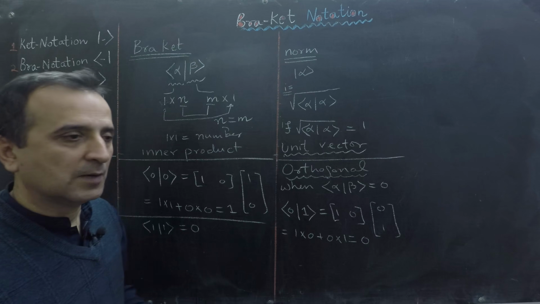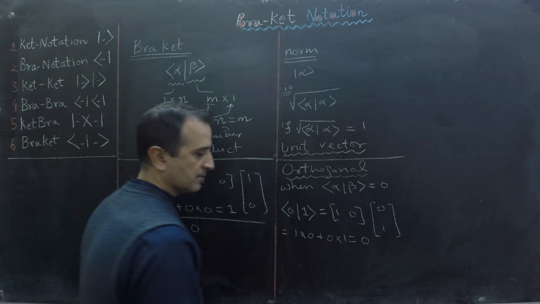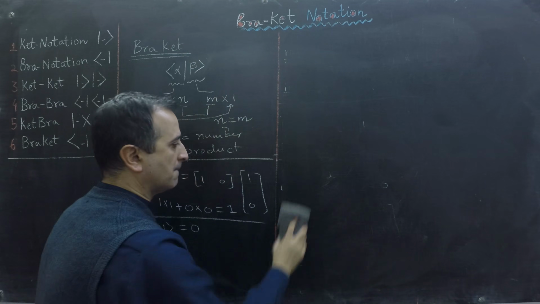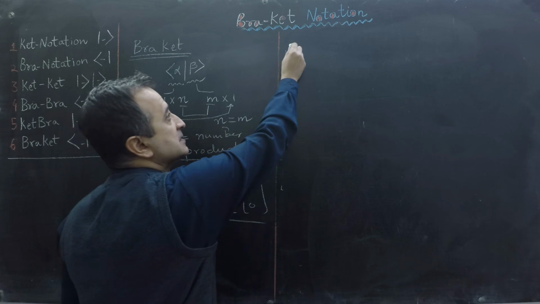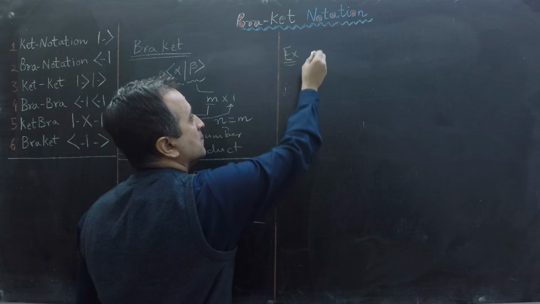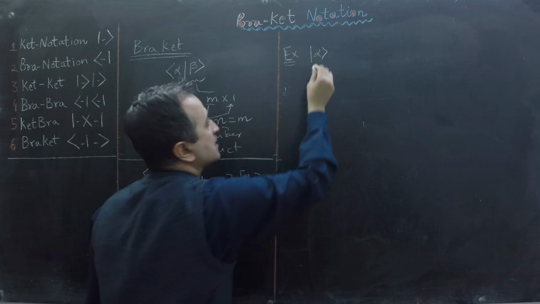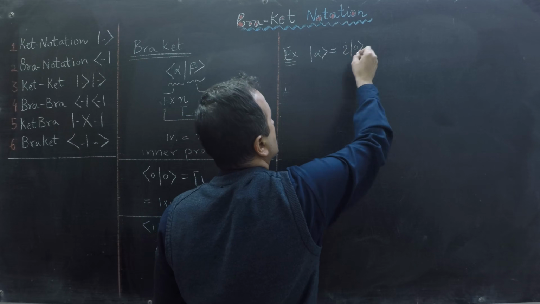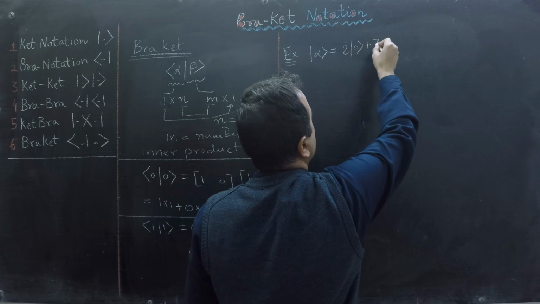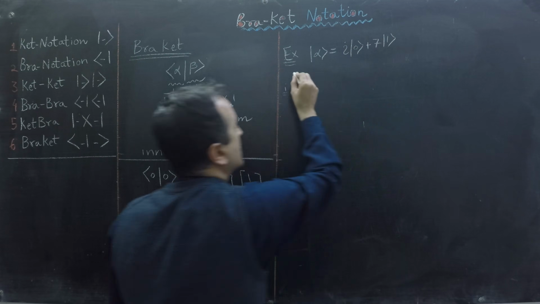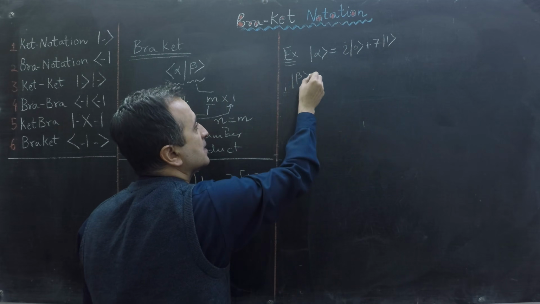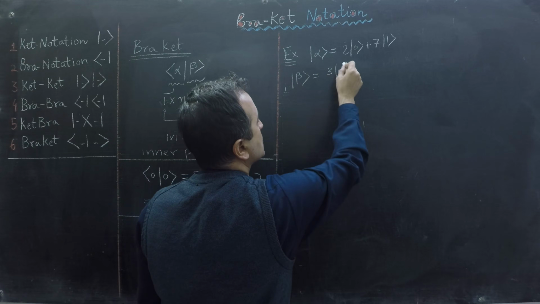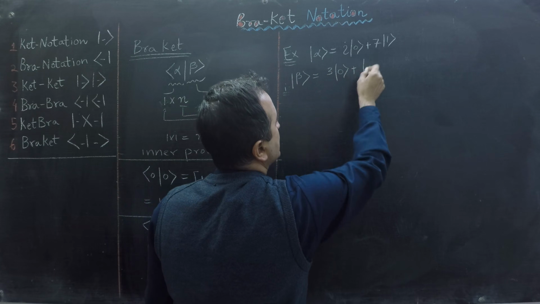Now let's do a more interesting example. In this example, my ket alpha is equal to iota ket 0 plus 7 ket 1, and my ket beta is equal to 3 ket 0 plus ket 1.